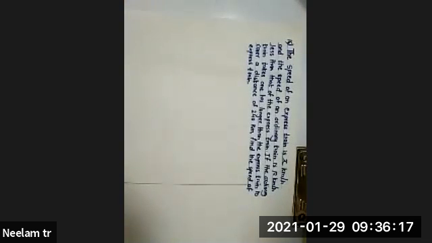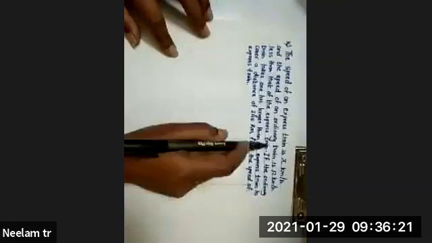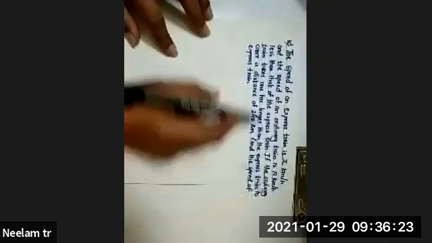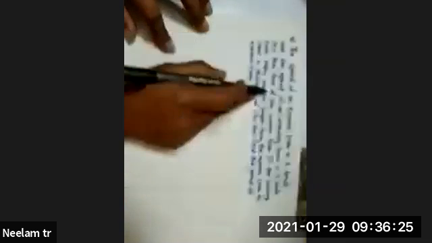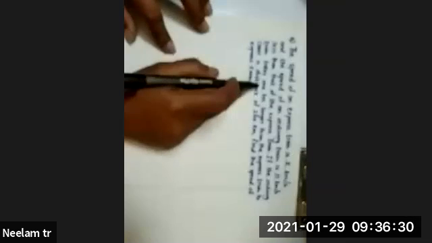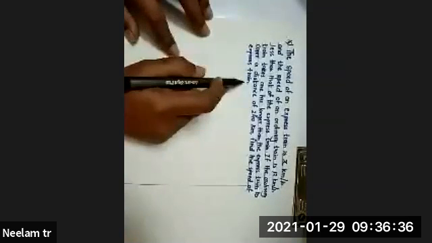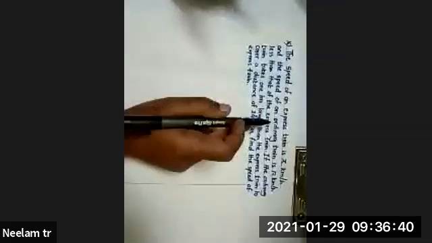Chalo, the speed of an express train is x kilometer per hour and the speed of an ordinary train is 12 kilometer per hour less than that of the express train. If the ordinary train takes 1 hour longer than the express train to cover the distance of 240 kilometer, find the speed of express train. See, in this also, they are comparing two trains.